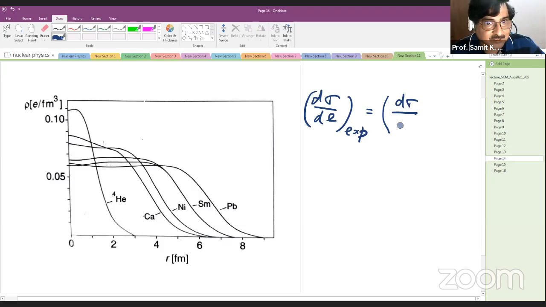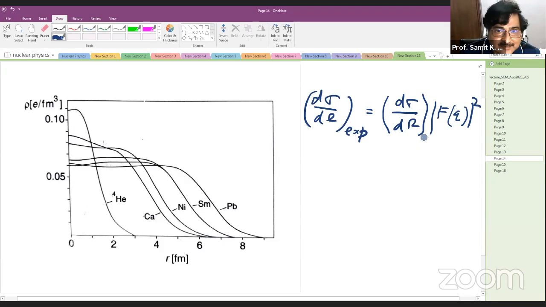This is the d sigma d omega you have calculated, and then you have f q, which is squared. What you have calculated is generally called the Mott cross section.